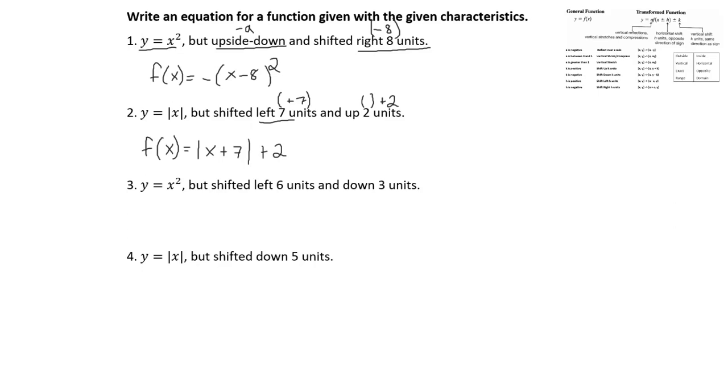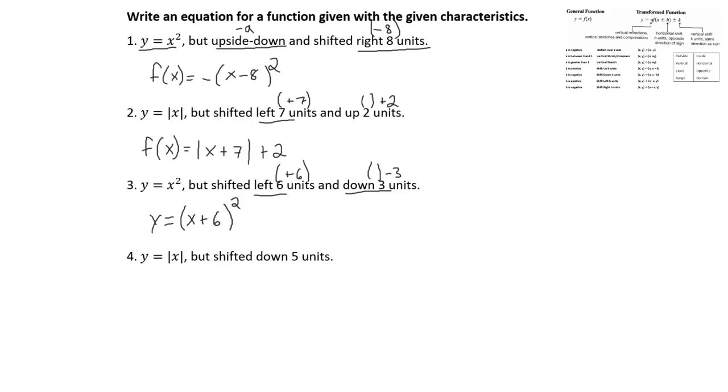All right, we have another one with quadratic, left 6 and down 3. Left 6 would be plus 6 on the inside, and down 3 would be minus 3 on the outside. So that would be y equals, on the inside, x plus 6.